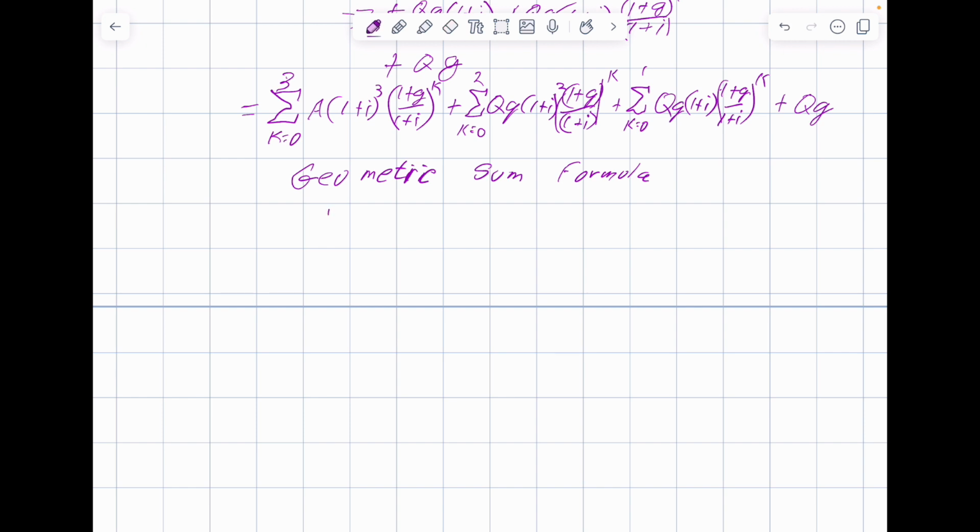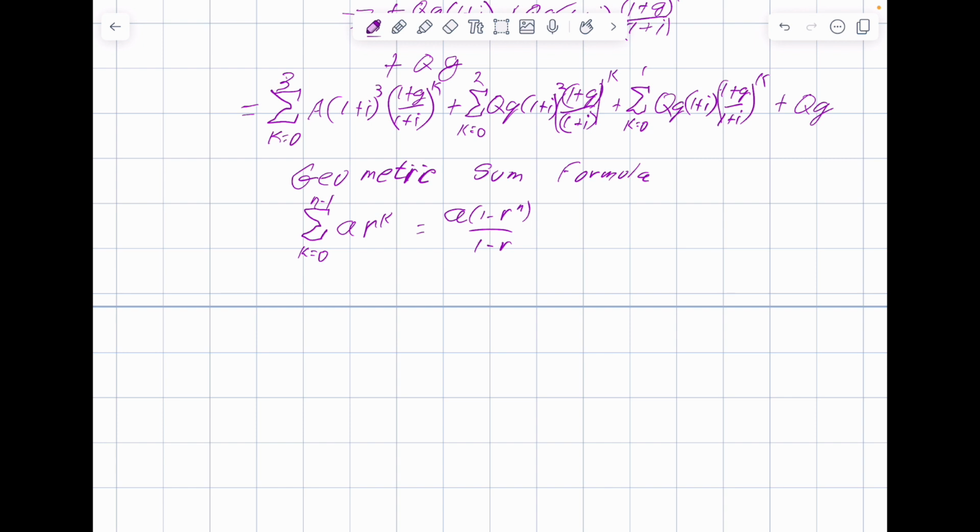But it states if we have a summation, say k equals 0 to n minus 1, of a times r to the k power, that equals, in closed form, a times 1 minus r to the n over 1 minus r.